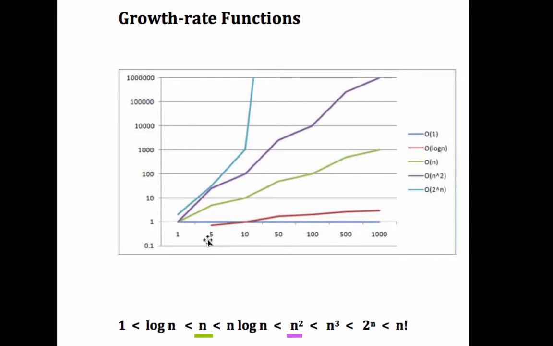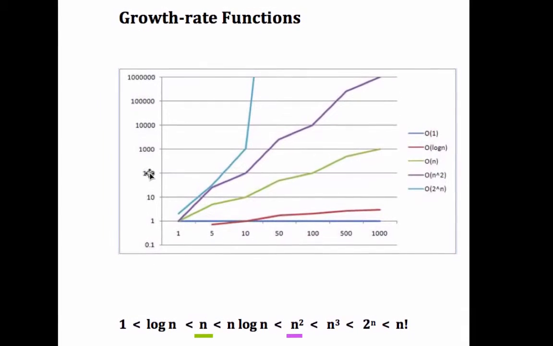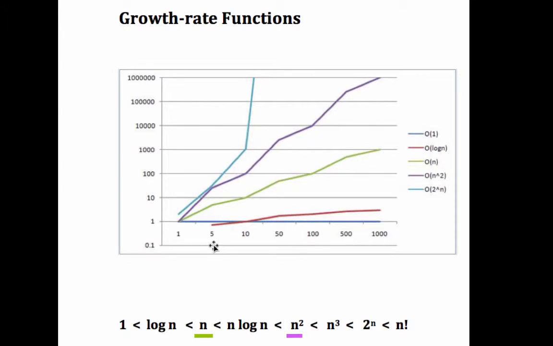So it means as I increase the size of my data, as I move to the right horizontally, I expect the same type of increments vertically going up. So increasing the size of my data will produce proportional increases in the amount of time that the algorithm takes to run. So we say it's directly proportional to the size of the data. Let's go to the purple line.